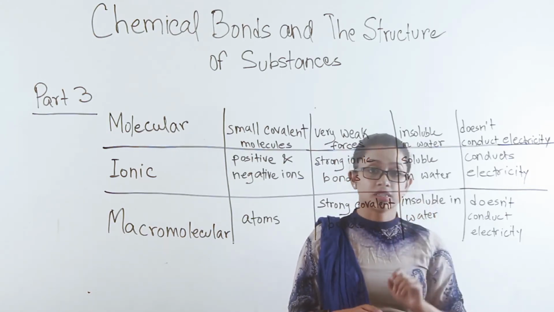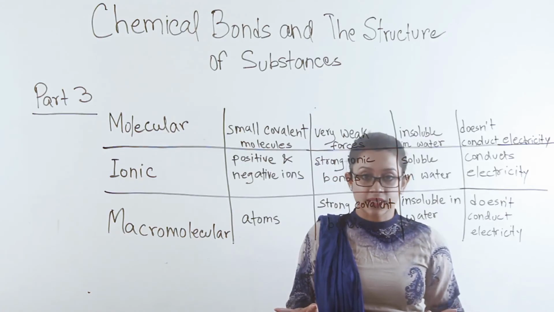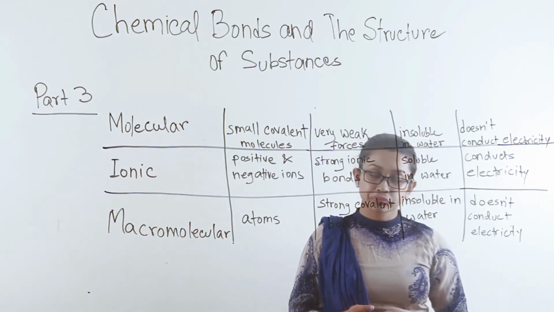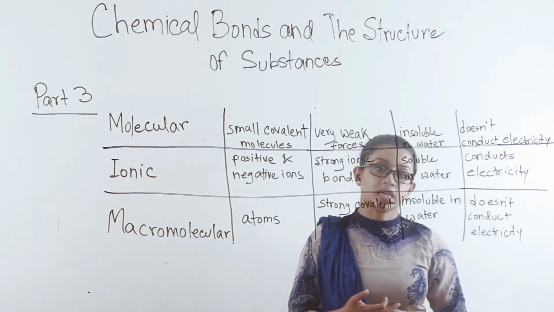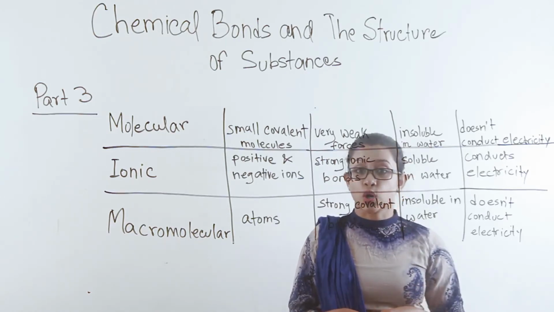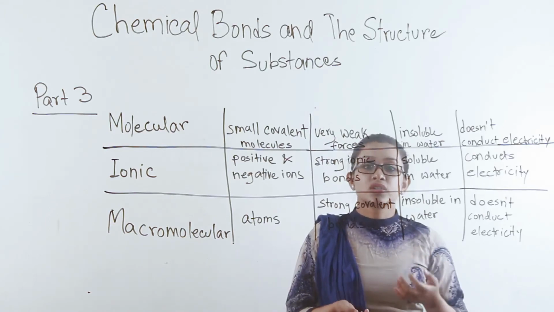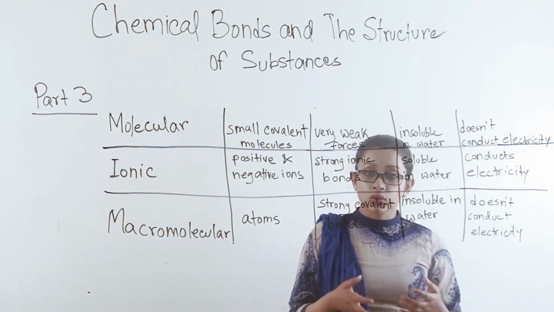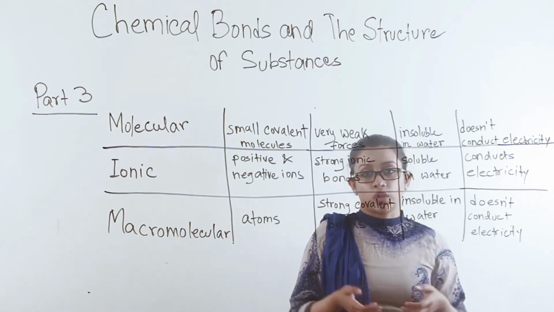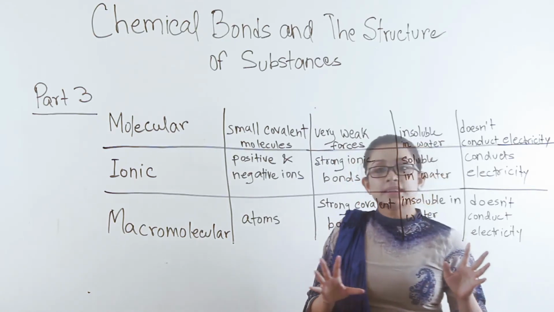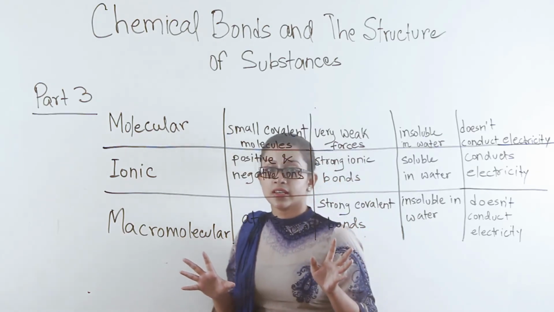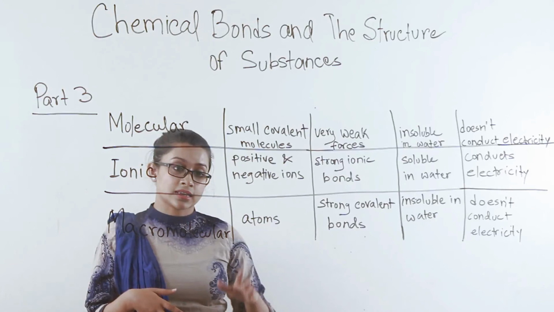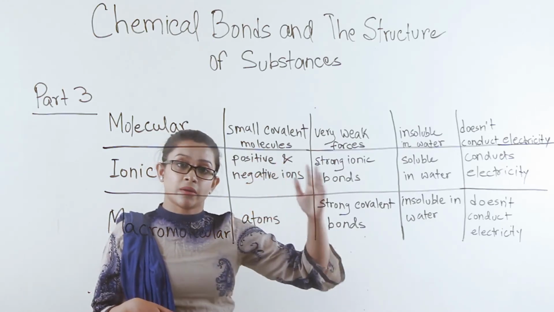They do not conduct electricity under any circumstance. However, in case of ionic substances, they will not conduct electricity when they are solid, but they will conduct electricity only when they are molten or dissolved in water. So we see the chief differences between these three bonded substances under these parameters.